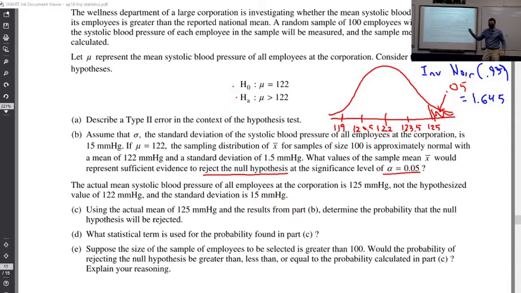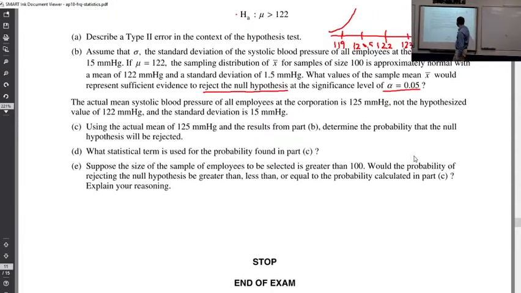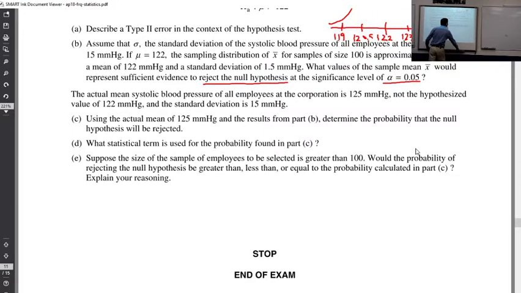So that is my z-score for this value. And anything that's to the right of that value means I'm going to reject the null hypothesis. So we're figuring out what that value is.